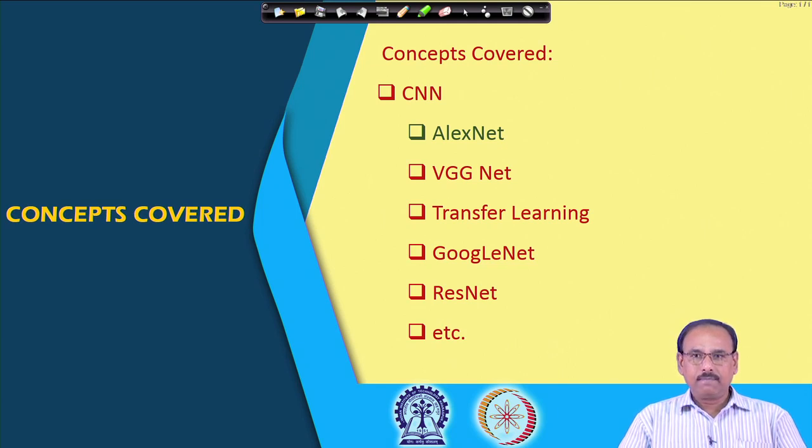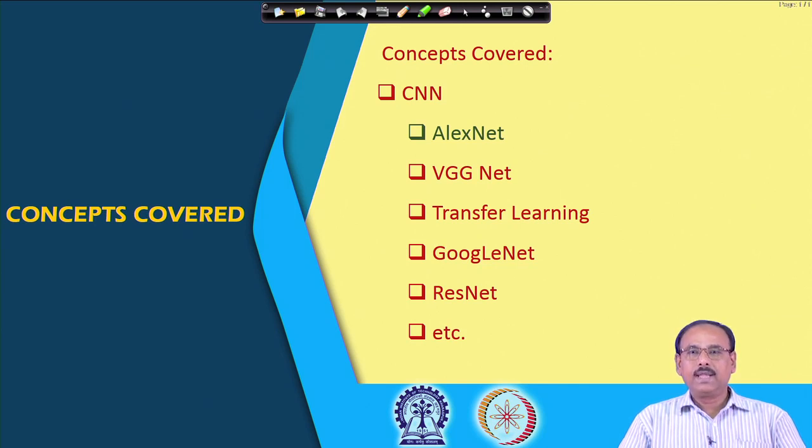The number of convolution layers in AlexNet is 5. It has 3 max-pool layers and 3 fully connected layers. Of course, the output fully connected layer has a softmax activation function, and the number of such softmax nodes is equal to 1000, one node corresponding to each category in the ImageNet database.